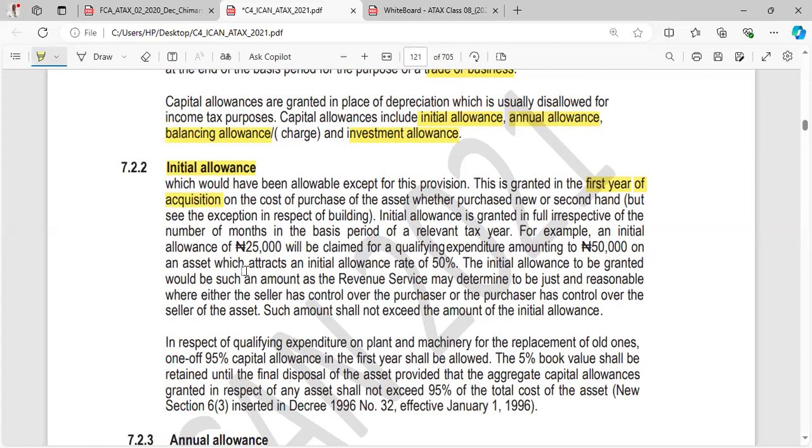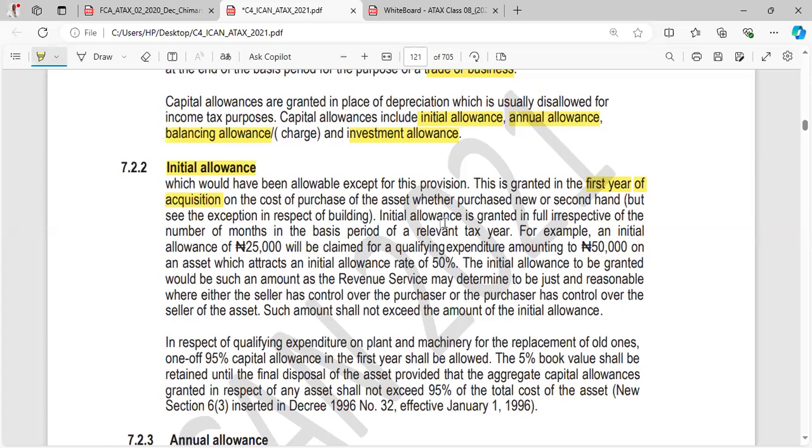But there is a clause when it comes to buildings. So you bought an asset, and the asset is being put into first use in the company. Because that is the first time you are using the asset for your company, you will claim initial allowance.